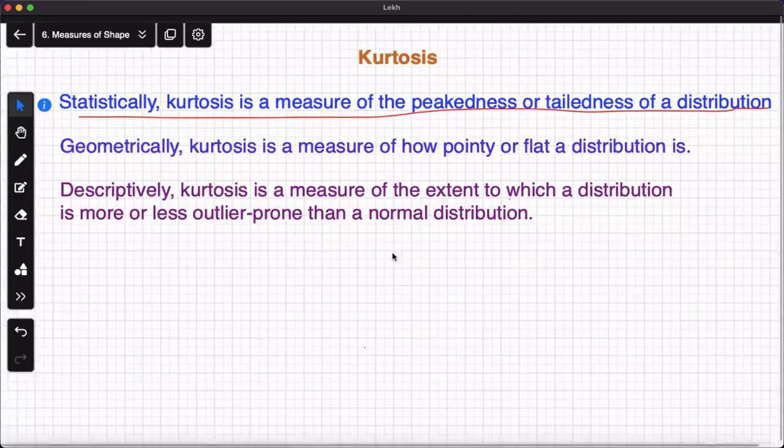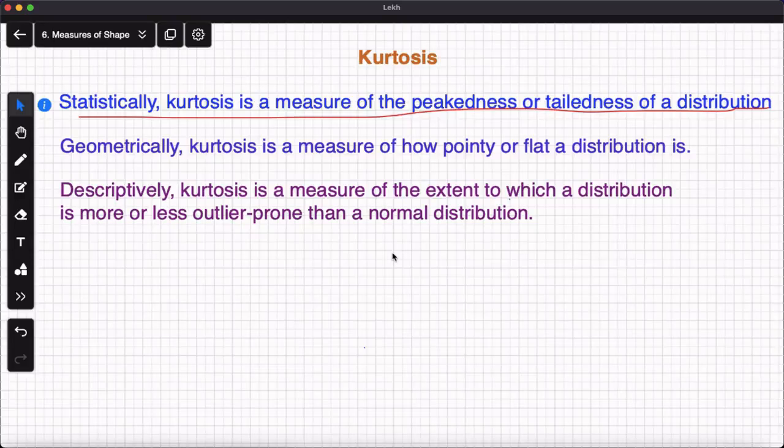All right, so we move on to kurtosis. Now, statistically, kurtosis is a measure of the peakedness or tailedness of a distribution. Geometrically, kurtosis is a measure of how pointy or how flat a distribution is. If you just want to describe the distribution, then we may say descriptively, kurtosis is a measure of the extent to which a distribution is more or less outlier prone than a normal distribution.